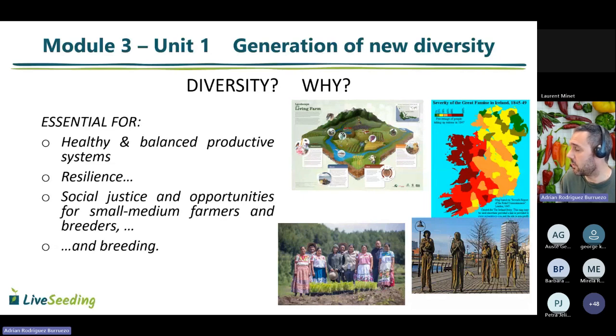The problem of Ireland at that time is that most of their agri-food system was based on a few clones, a few varieties, which were also clones, so the same genotype within the variety. And when the Phytophthora appears, all or most crops of potato were destroyed.